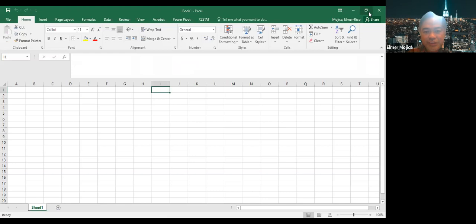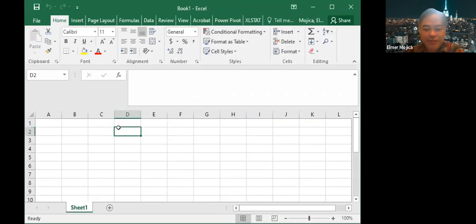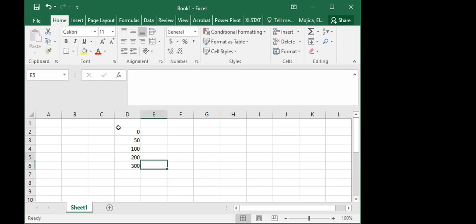What I'm going to do is copy the data, usually from a lab experiment, 0, 50. Can you see Excel, class? Yes po, we can see it, sir. Okay. So I have a point 0, 1.